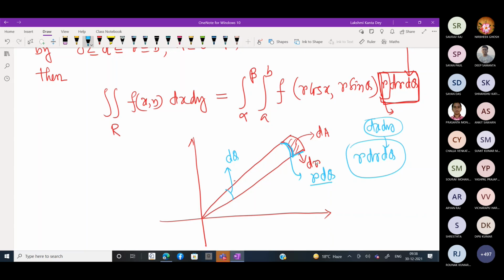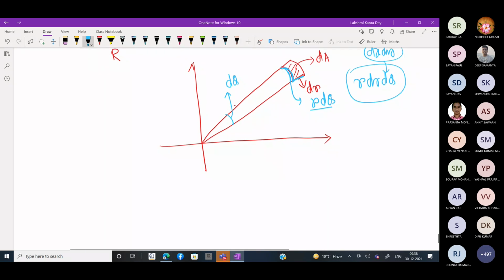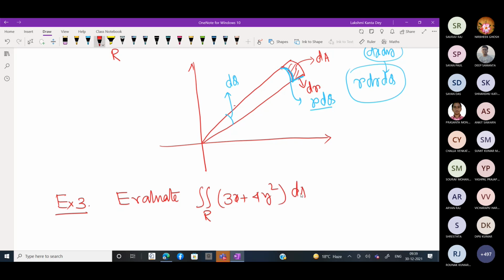Hope you understand. Then I give one example, very simple, and then another example may be a little bit difficult. Example 3. Suppose we have to evaluate the integral over R of 3x plus 4y square dA, where this is basically R2.